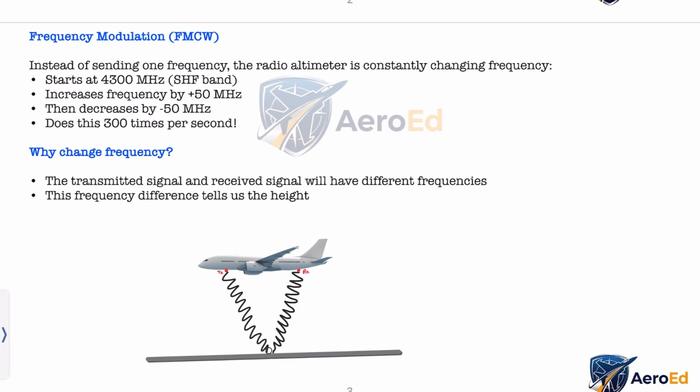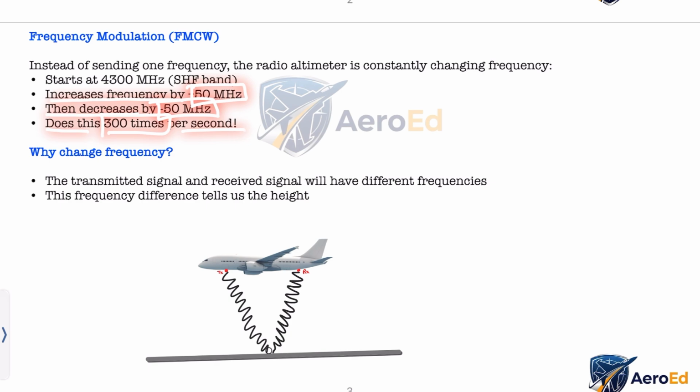So let's now talk about the radio wave, which is a frequency modulated continuous wave. Instead of sending one frequency, the altimeter is constantly changing frequency. It starts at 4300 MHz, increases frequency by 50 MHz and then decreases by 50 MHz, and this happens 300 times per second.